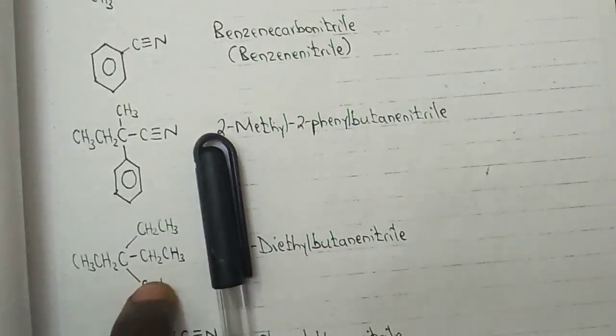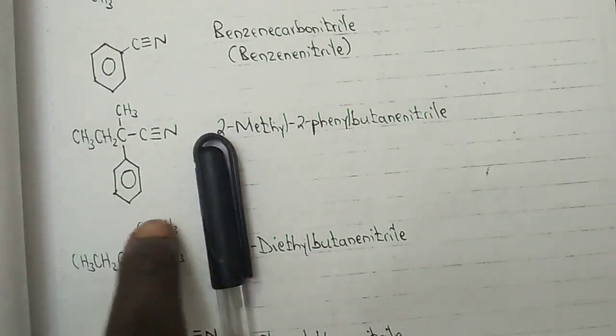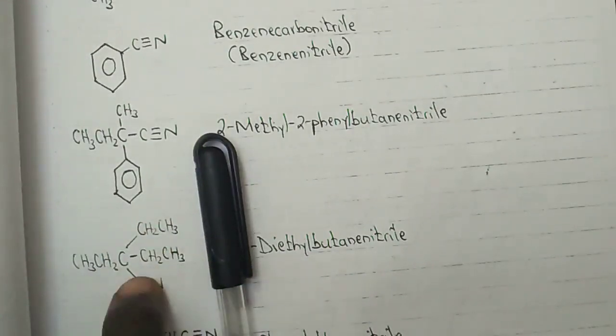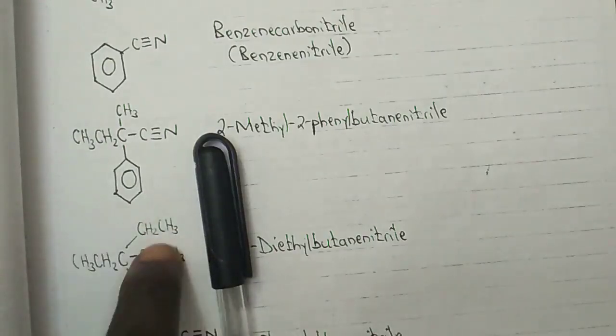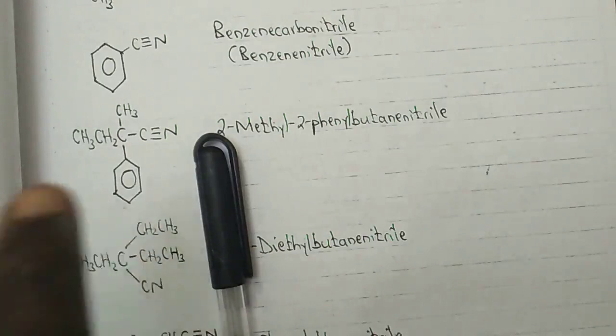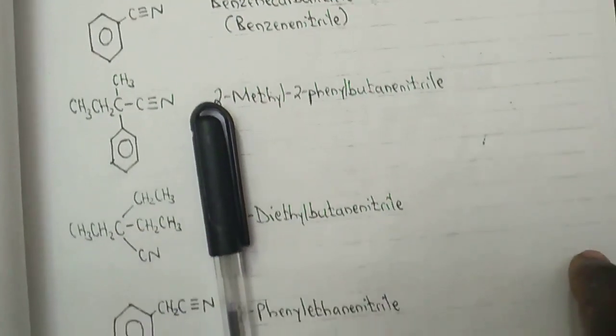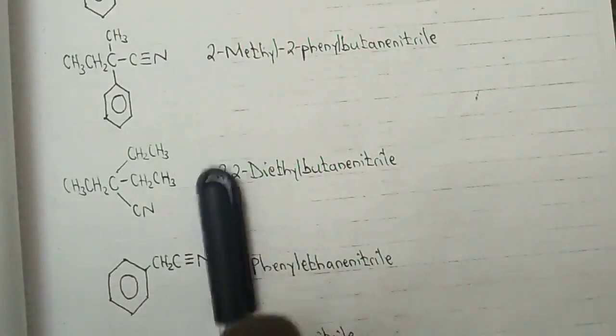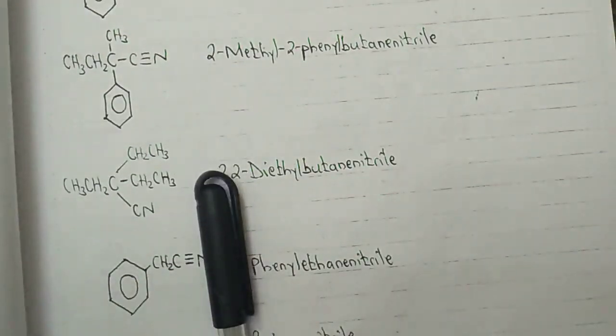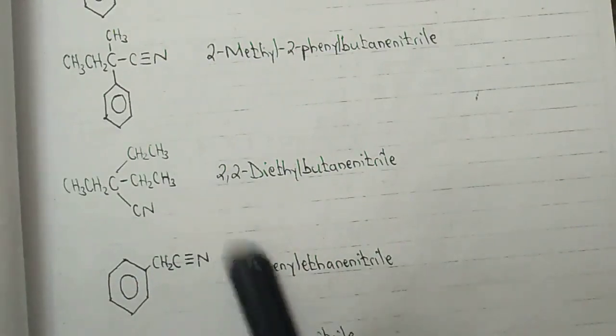Huyu ndio nitrile. So parent chain inaweza kuwa ni 1, 2, 3, 4 au 1, 2, 3, 4, the same. It is 2,2-diethylbutanenitrile. Halafu huyu hapa atakuwa ni carbon ya pili, so it's 2-phenylethanenitrile.